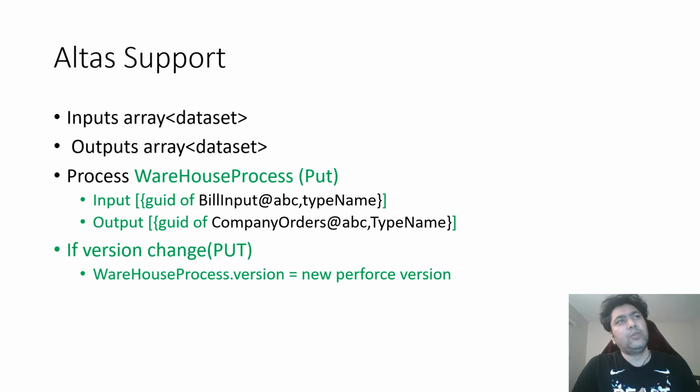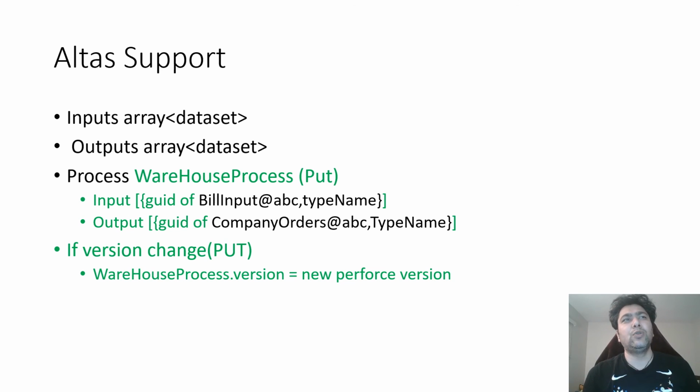Now, coming to a main point. These are the basic things that were supported by Atlas, but another important thing that Atlas does is that all the entity defs of type process give us two default attributes called inputs and outputs. There we can specify which was the input to a certain process and what was the output of it. If you remember the example of warehouse process, now we can say that the bill input was the entity that was taken as input by this warehouse process, and company order was produced as output.